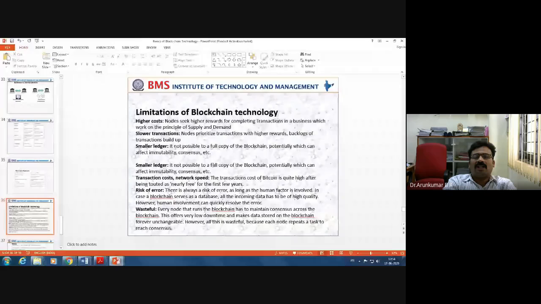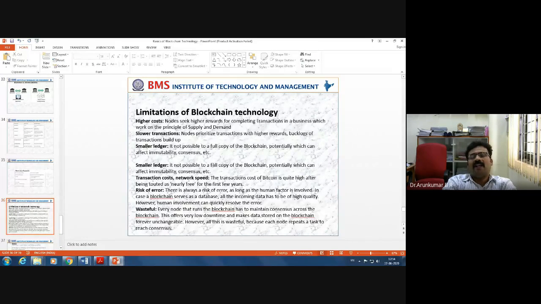Wasteful: every node that runs the blockchain has to maintain consistency across the blockchain, right? So many memory cycles and energy cycles are wasted, because this offers very low downtime and makes data stored on the blockchain forever unchangeable. However, all this is wasteful.